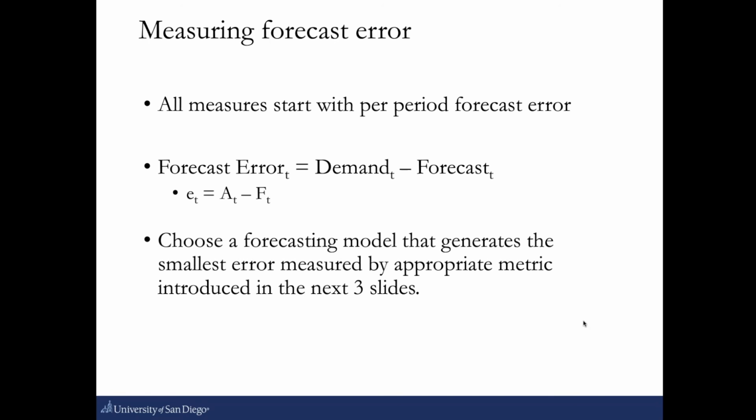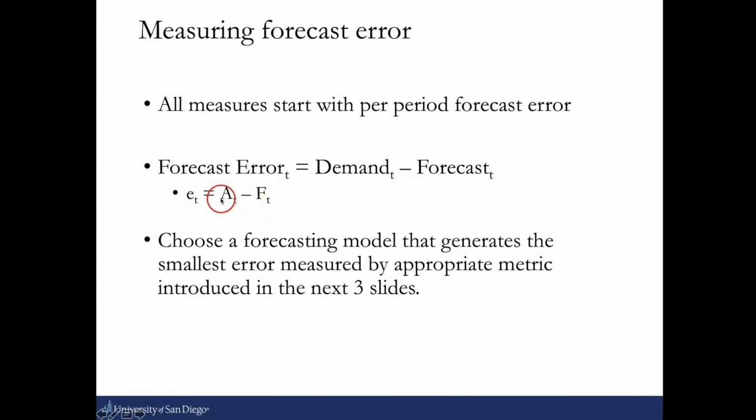So all measures start with per period forecast error. So we have forecast error here, sub t. This is represented by E sub t, and this is equal to the actual demand or the realized demand of the current period minus the forecast of the current period. So that will be A sub t minus F sub t.